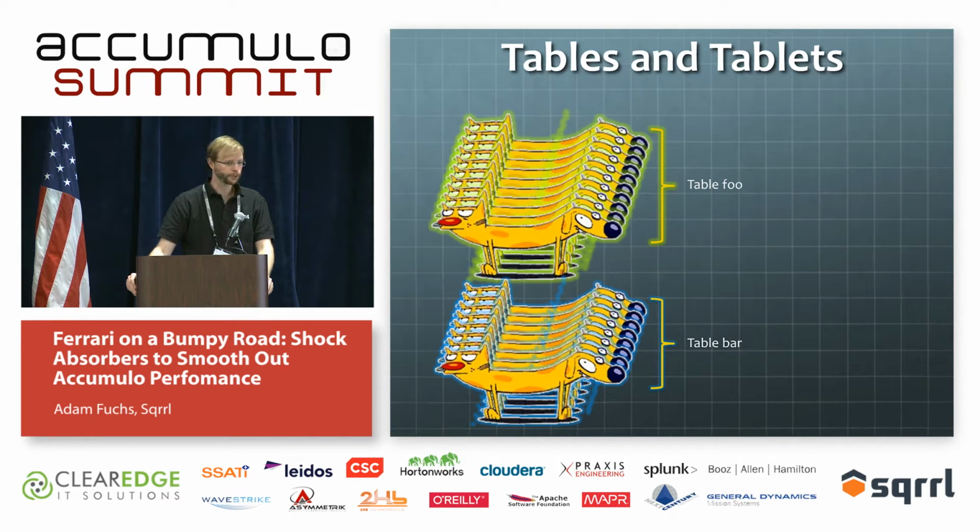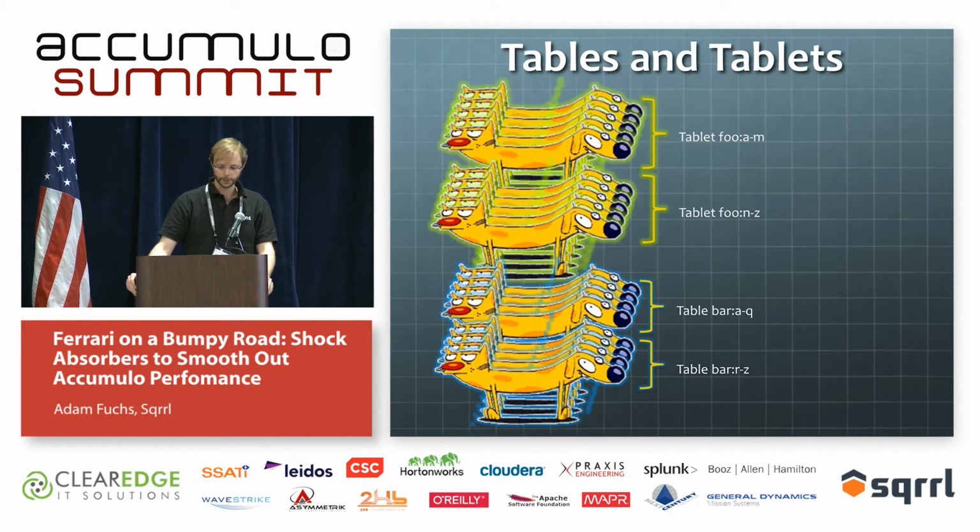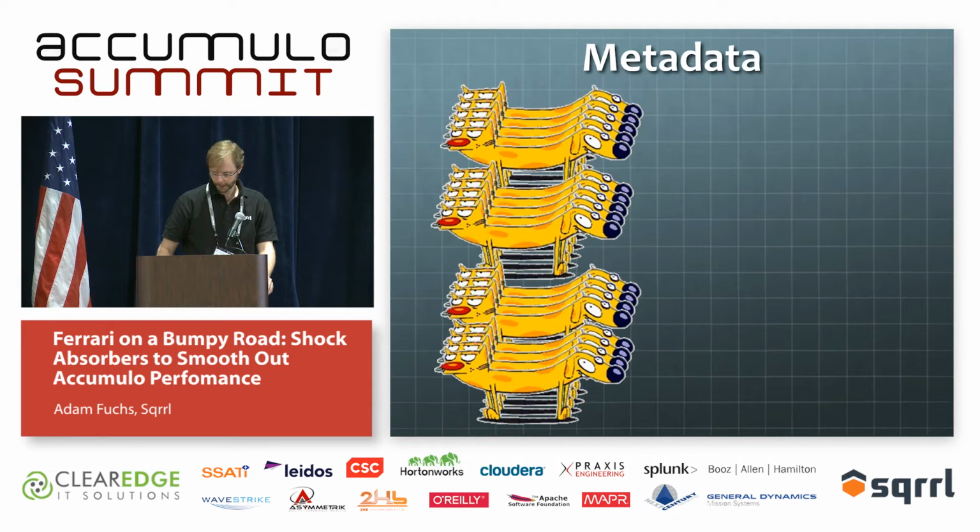We'll take a portion of those keys, and table foo will become two tablets, foo rows A to M and foo rows N to Z. Likewise, bar gets broken up perhaps on a different row split. And then those tablets become units of work that we can distribute through a cluster.